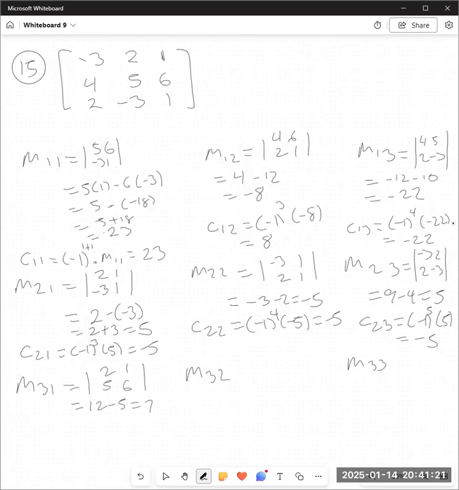And then C31 is -1 to the fourth times 7 is 7. M32, so eliminating row 3 and column 2, -3, 1, 4, 6 is -18 minus 4, -22. C32 is -1 to the fifth times -22 is a +22.